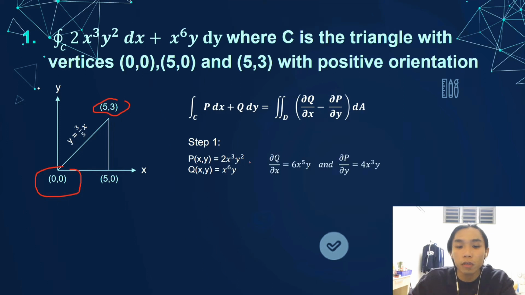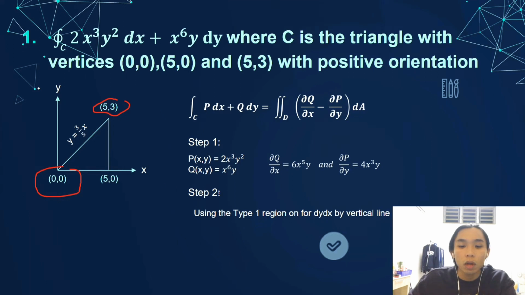After that, we must differentiate P and Q. We differentiate delta Q over delta x, and we get 6x to the power of 5 y, and delta P over delta y equals 6x cubed y.